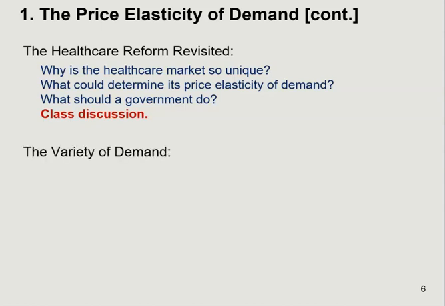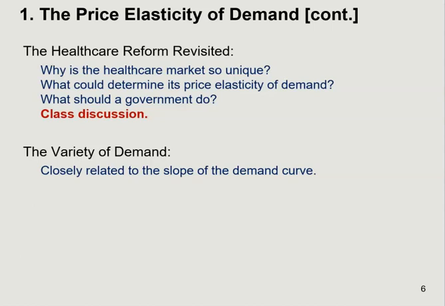All right, so here, let's continue to talk about the variety of demand. By that, we actually mean, when we think about the price elasticity of demand, we also think about the shape of the demand curve, as we discussed before, right?